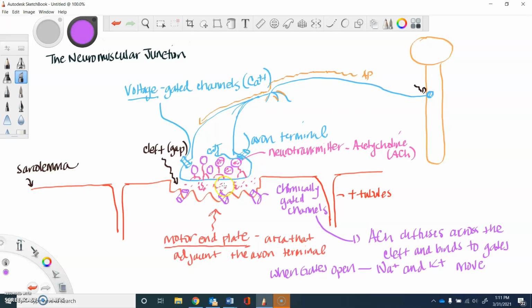And that acetylcholine is coming across and binding here onto the chemical gates. These chemical gates are open, sodium and potassium are moving. So in the next video, I'm going to continue this and show exactly what happens at the motor end plate from this happening.